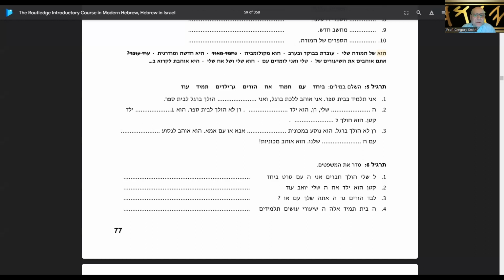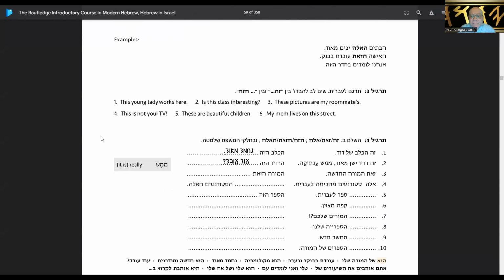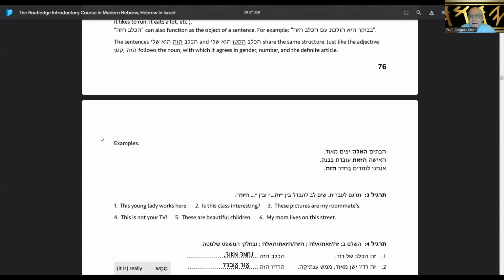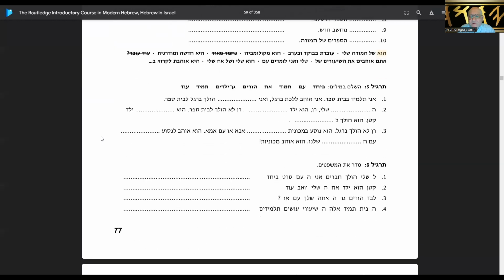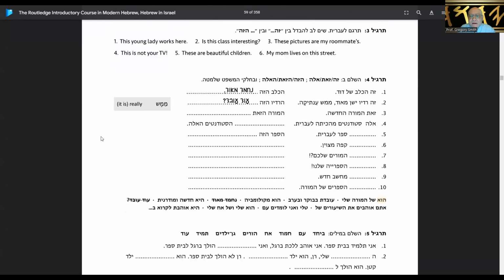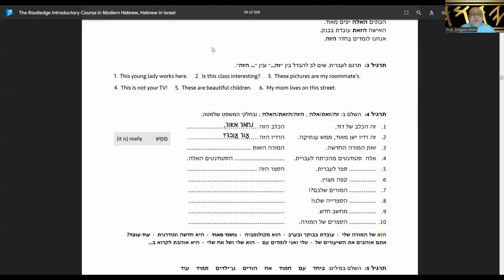I've been doing these videos all along and just trying to work through these exercises to become familiar with the language. And I think last time we worked a little bit on this exercise here, Targil 4. I had to do this twice because I realized that there was the answer key down here that they gave us.